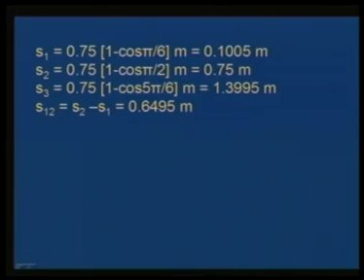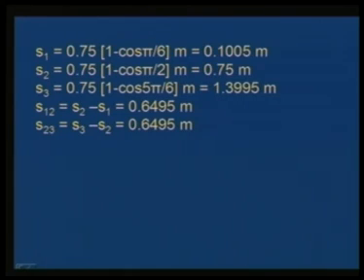Now we have decided the 3 accuracy points corresponding to the fork point B, namely B1, B2, B3, both analytically and graphically. And we have got S12, that is S2 minus S1, as 0.6495 meter analytically, and in the drawing we got it to some scale.